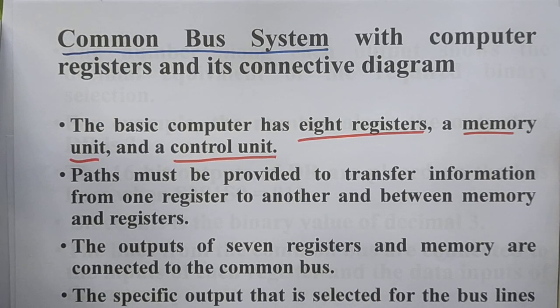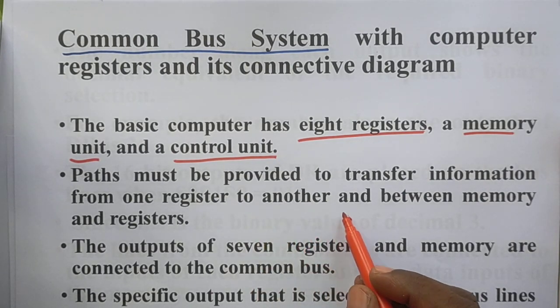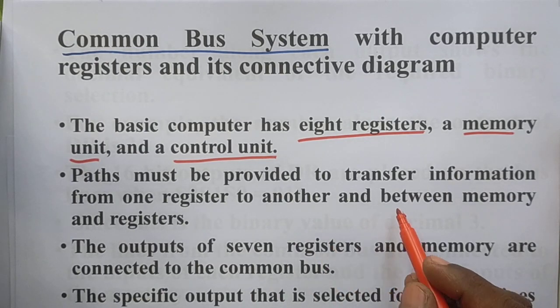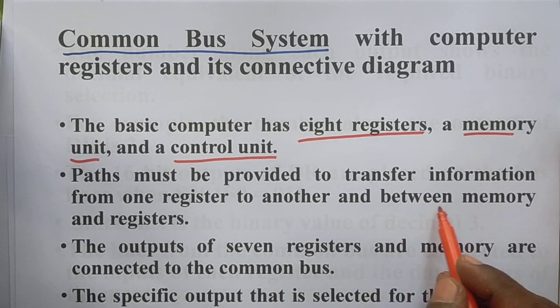When you design a common bus system, definitely we have to make some paths, and through those paths different data transfers happen: from one register to another register, and also between memory and registers, or registers to memory. These are the kind of things we discuss.